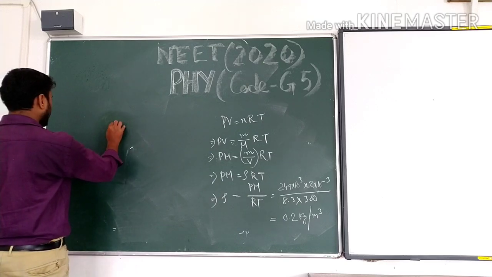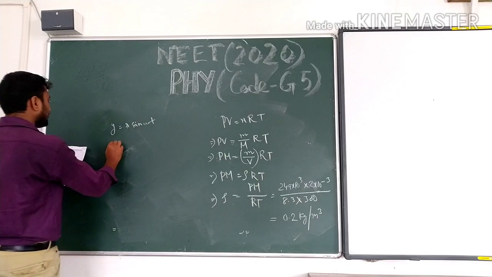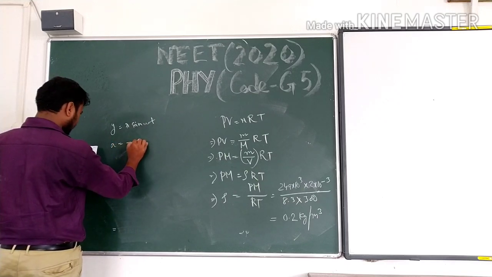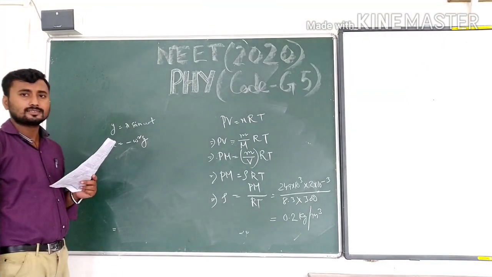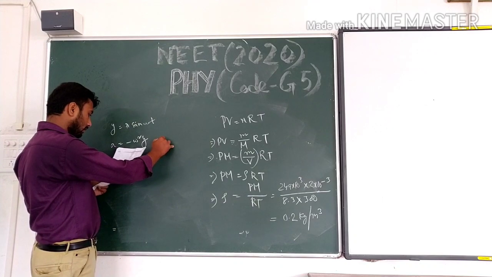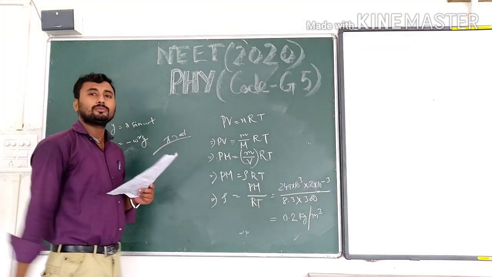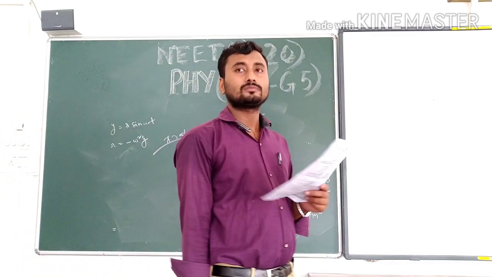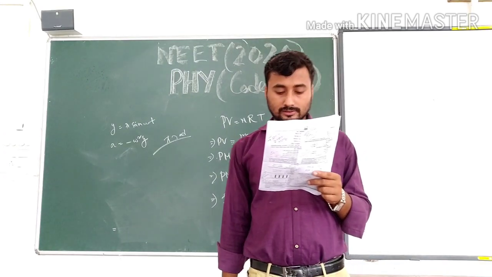Displacement y is equal to a sin omega t and acceleration will be minus omega square into y. So what is the phase difference? Phase difference will be pi. Option 4 is correct.